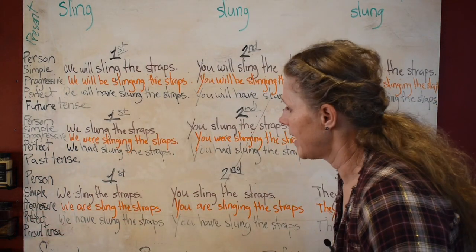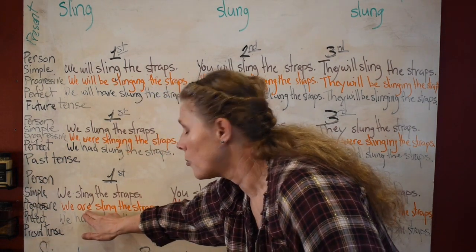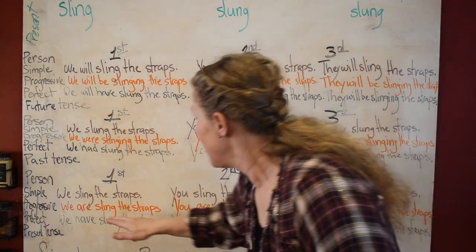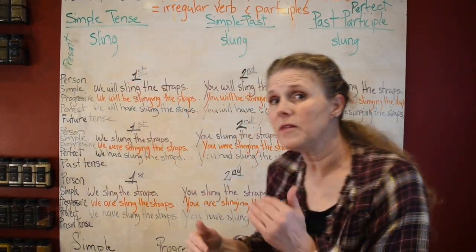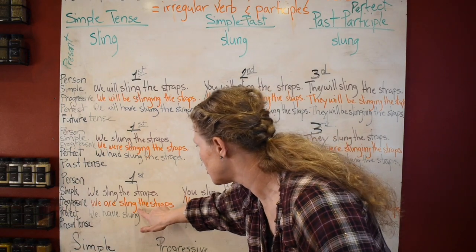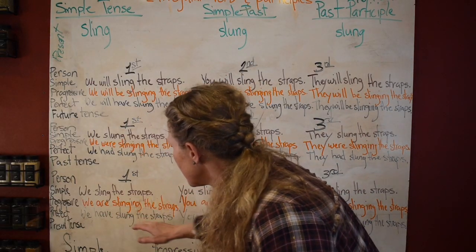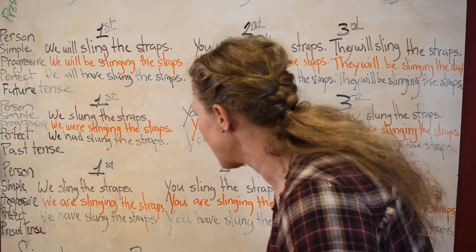The progressive tense. Here, since it's present tense, we're using the verb are. And then we're going to use the simple tense verb with the ing added onto it. So look, we are slinging, we're in the progressive, we are slinging the straps.